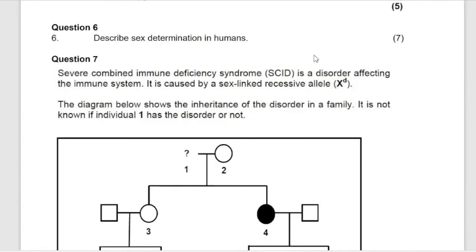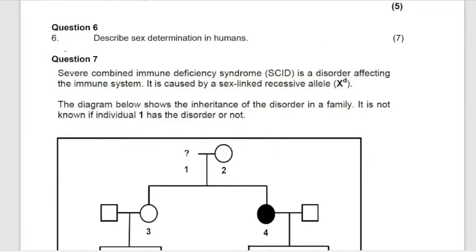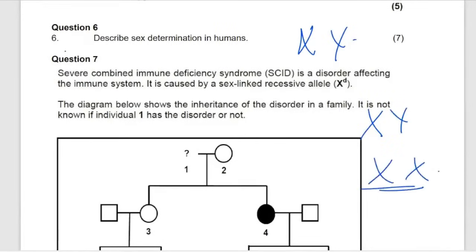How do I differentiate between the two? For sex linked, they will mention that it is a sex linked disorder. Always read what is on top here. If they say sex linked disorder, definitely you have to use X and Y. Male, there will be X and Y. Female, there will be X and X. If it is not a sex linked disorder, please don't use X and Y, however much they have shown a male and a female.